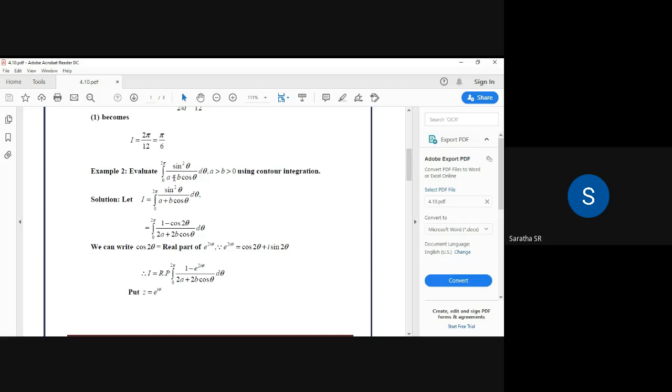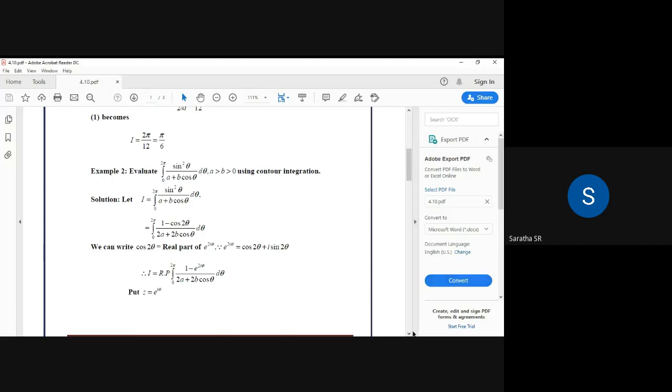In the numerator, you have a trigonometric term, so here we'll apply this trigonometric identity. If we apply it, we'll get this term e power 2i theta divided by 2a plus 2b cos theta. Then with the help of the assumption, this is the conversion from the trigonometrical part to the complex number.